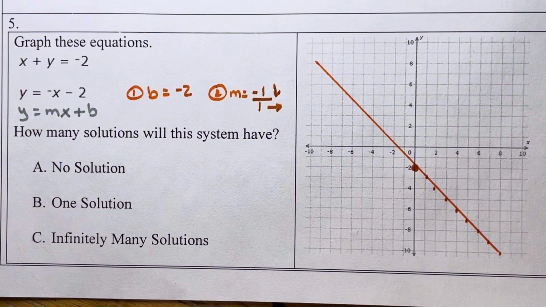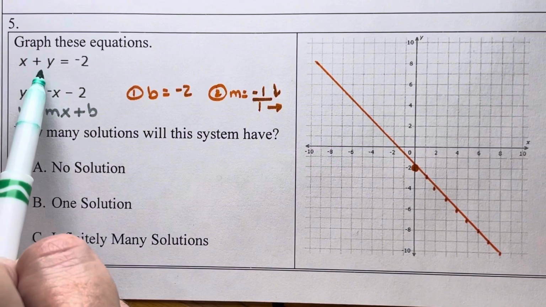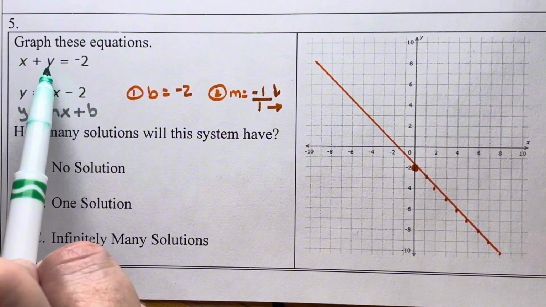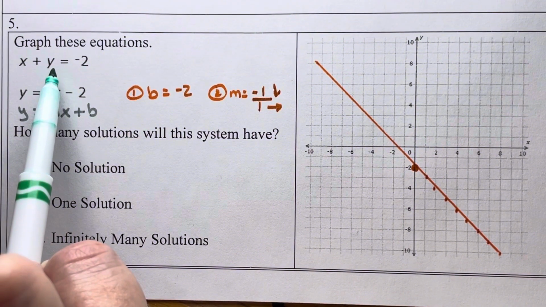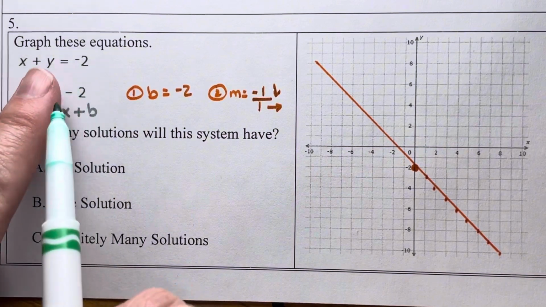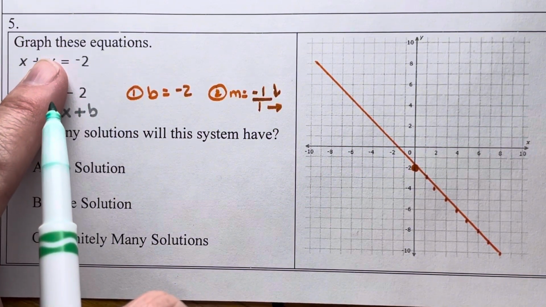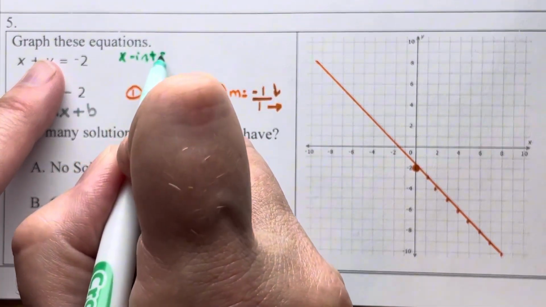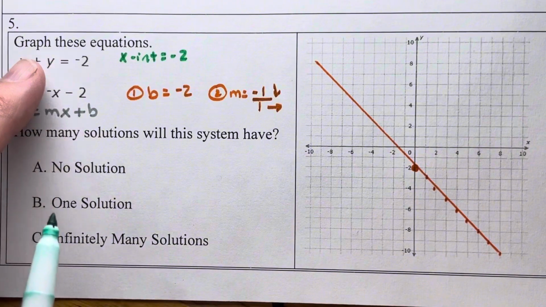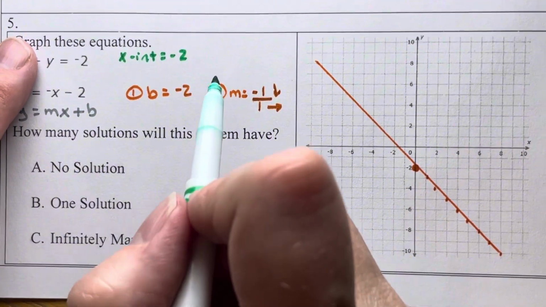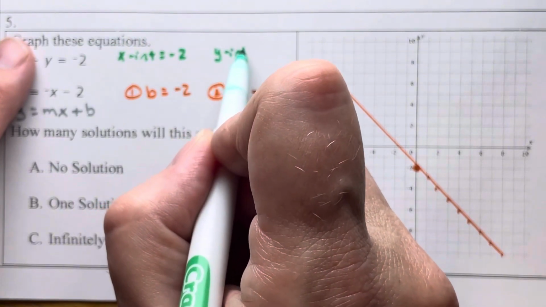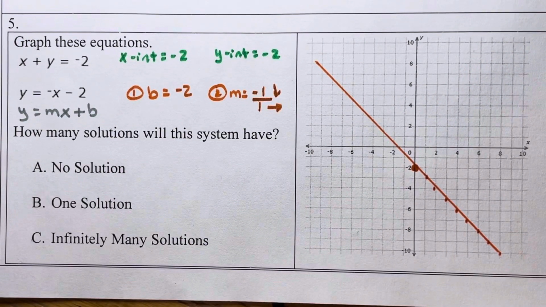So our second equation is not in the y equals mx plus b format. So just for entertainment purposes, if you wanted to do the x and the y-intercept, you can cover the y in order to find your x-intercept, which will be at -2, or you can cover the x in order to find your y-intercept, which is also at -2.